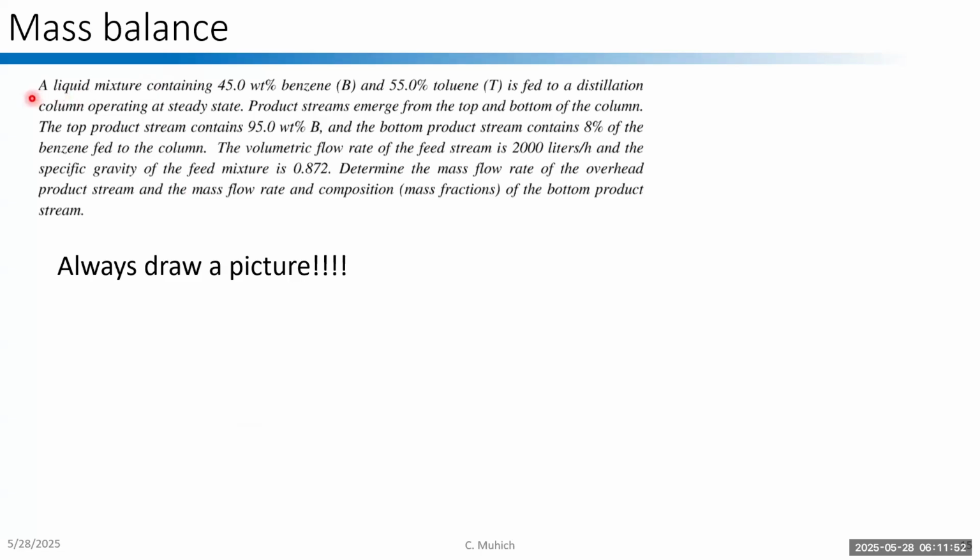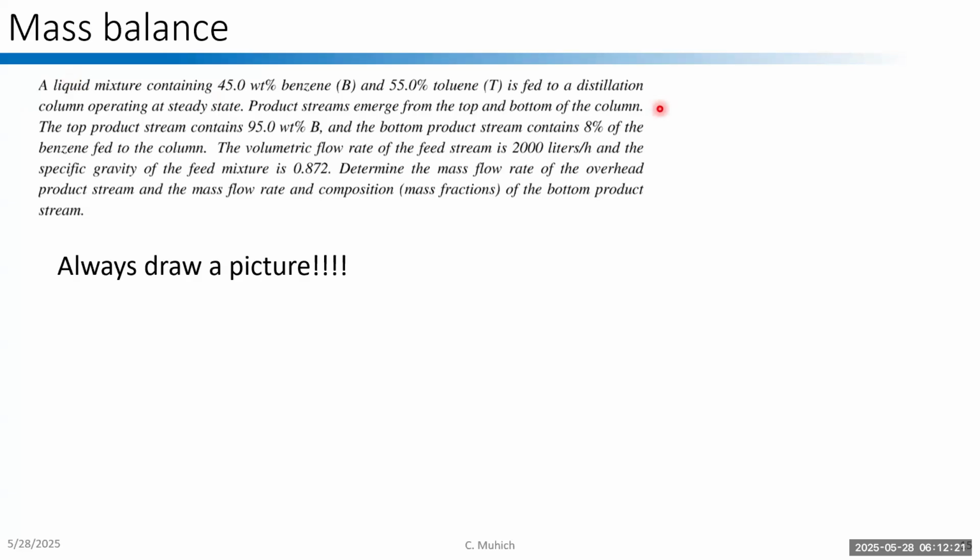All right, so let's consider a liquid mixture containing 45 weight percent benzene and 55% toluene that is fed into a distillation column operating at steady state. I'm going to make a quick side note. A distillation column is there to split streams and take a mixture and separate it into two outflowing streams. Product streams emerge from the top and the bottom of the column.